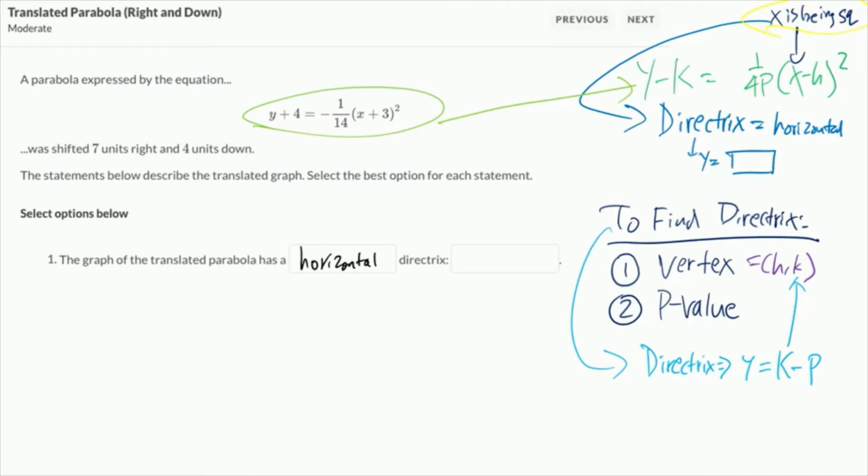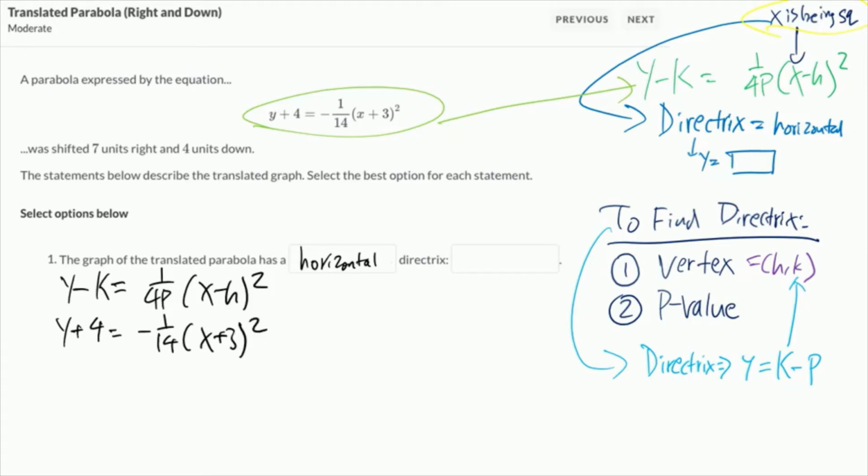To find the directrix, we're going to need the vertex and the p-value. More specifically, our directrix will be y equals k minus p. Now our k is in our vertex, so let's find the vertex. In order to do that, we need our form y minus k equals 1 over 4p times (x minus h) squared, and our original equation, y plus 4 equals negative 1 over 14 (x plus 3) squared.